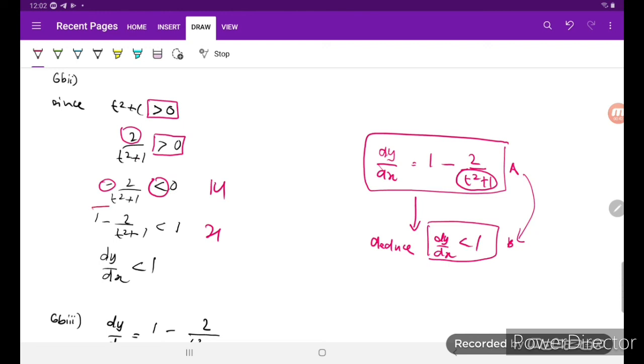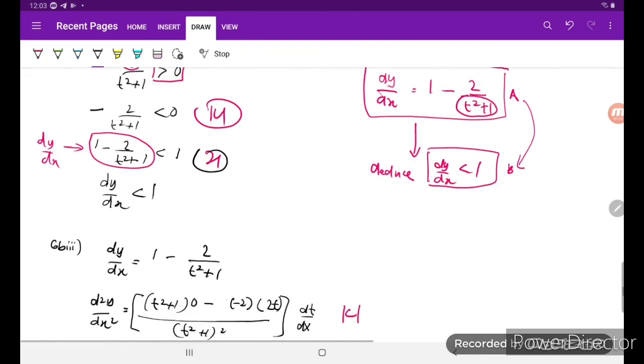So this one will become dy/dx. So dy/dx is greater than 1. So 1 mark is given here, and another mark is given here. So just K1, G1.